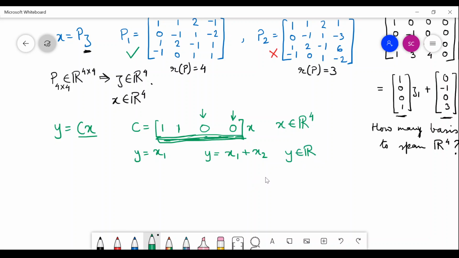Yeah, that is true, y is in R because this is still a scalar, but you are able to utilize another dimension. From the R4 space, in the first case only the coordinate x1 was utilized. Now you can utilize x2 also. x3 and x4 cannot be utilized in this case.